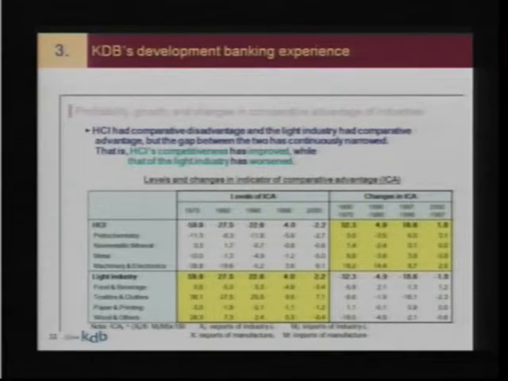So HCI's changes in ICA were positive, while those of the light industry were negative. That is, HCI's competitiveness has improved, while that of the light industry has worsened.